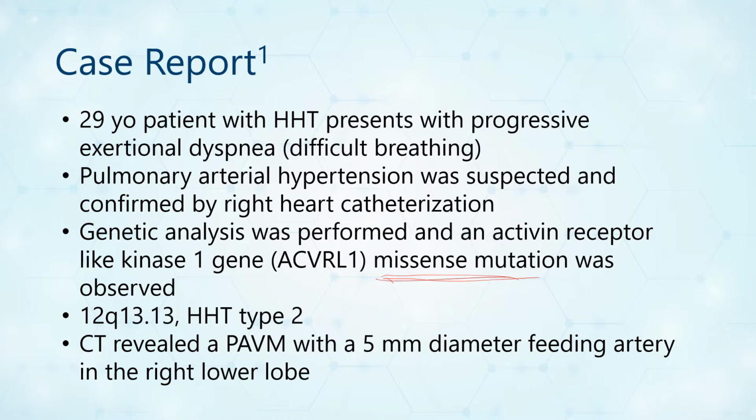It's diagnosed as HHT type 2. They perform a CT and they show a pulmonary arteriovenous malformation, PAVM, with a 5 millimeter diameter feeding artery in the right lower lobe.